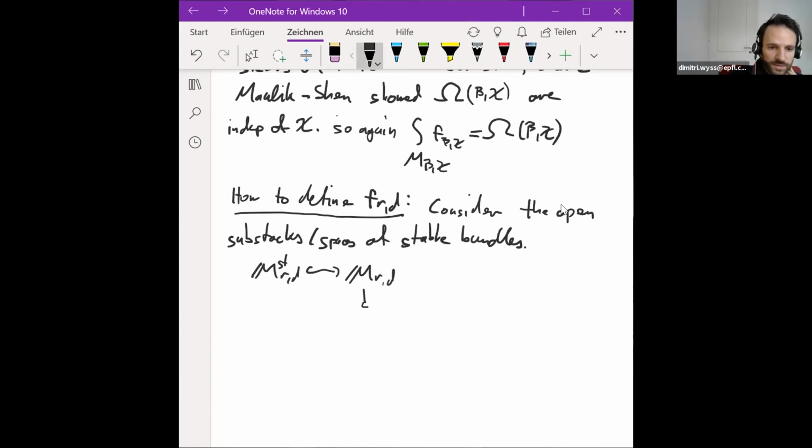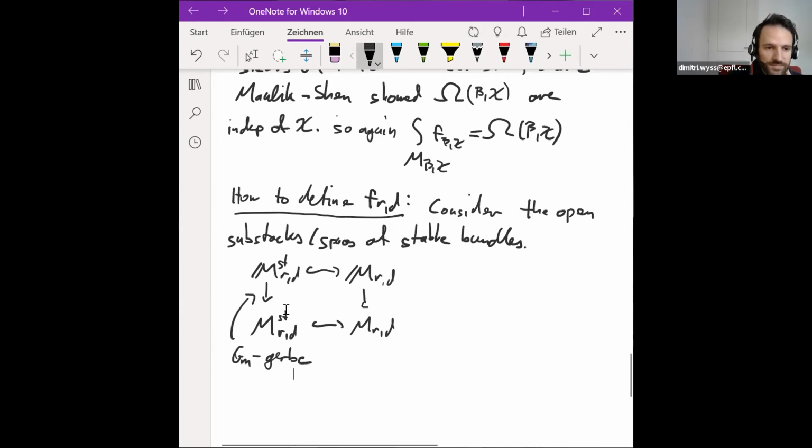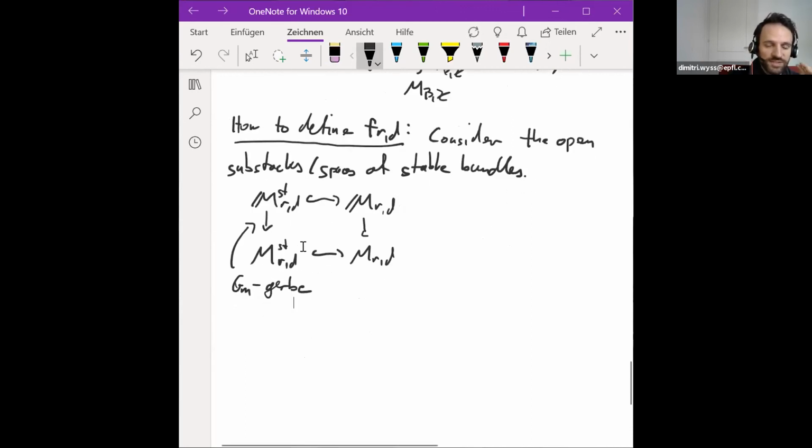And then we have maps to the coarse moduli space M, and here this is something one calls a GM gerbe. Basically they have the same points, just different automorphisms.